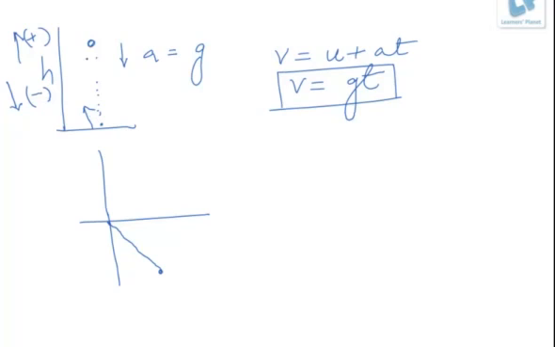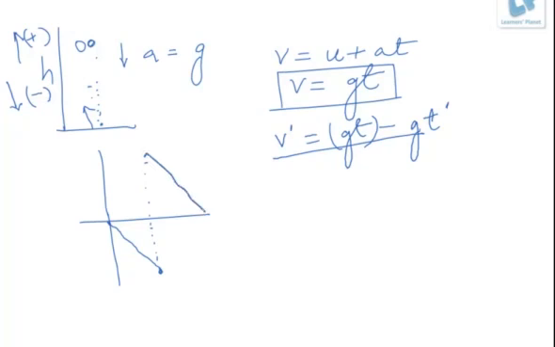Now when it is going up, the speed is coming down. It will be gt minus, this is the maximum speed, minus g into t dash. So when it is going up, its speed is again decreasing. At the time of collision, the velocity has reversed, so it will go up to the maximum height, and when it reaches a maximum height, its speed becomes 0, then it comes down in the negative direction.